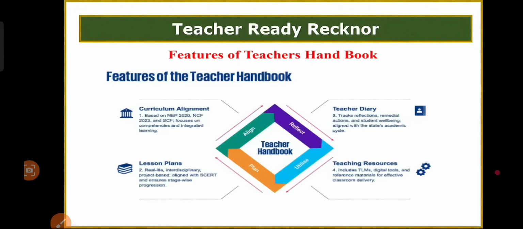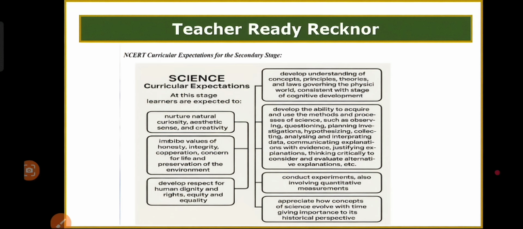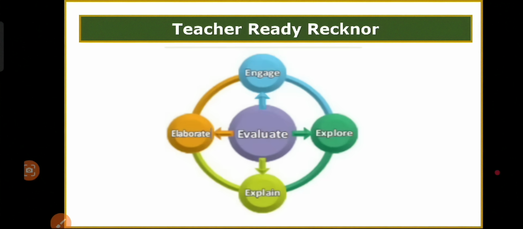Here you can see the key features of the National Education Policy, and also the science curricular expectations. For every subject the curricular expectations were given according to the NCF, and also the effective teaching strategies based on the 5 E's model: engage, explore, explain, elaborate and evaluate.